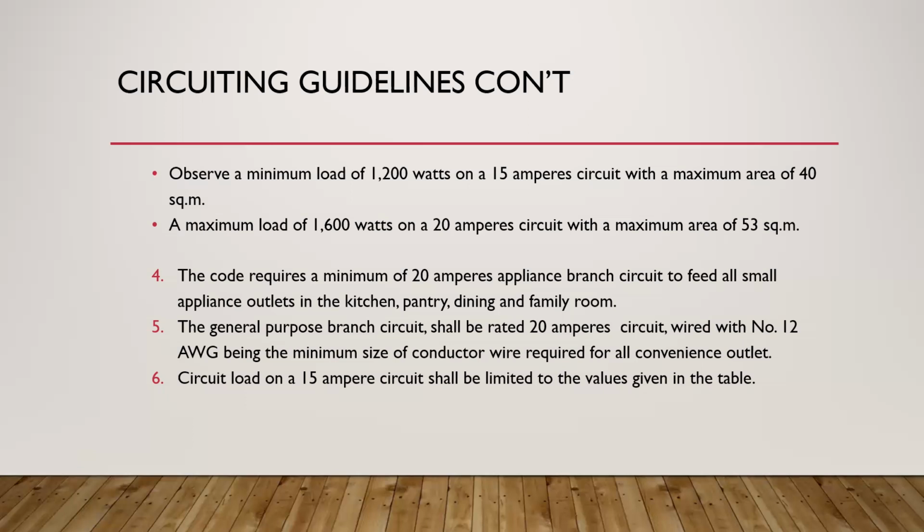So, kung 20 amperes ang minimum para sa ating branch circuit sa ating power line, ang kanyang katumbas na size ng wire, minimum size of wire is number 12 copper wire. Okay, which is required for all convenience outlet or yung sa ating power line layout.